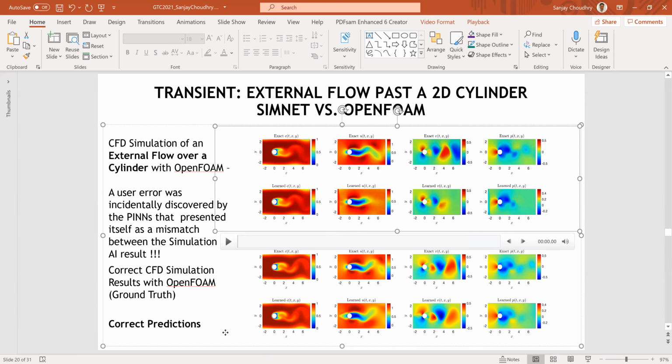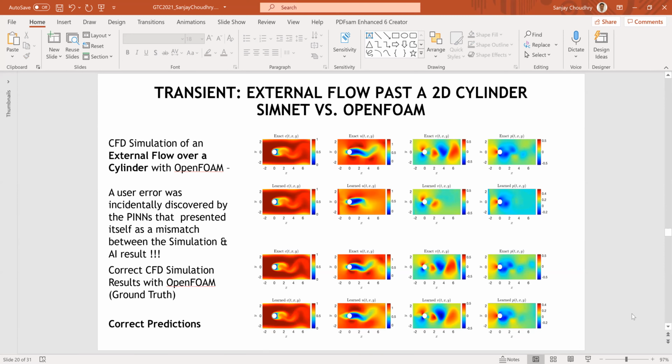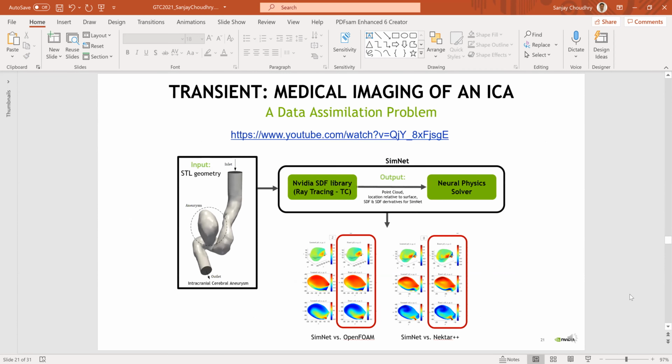So when we fixed that to exact zero, and we reran the solution as a true laminar case, the comparisons were excellent. So this is why we caution that there's a possibility of going wrong when using data-driven networks.